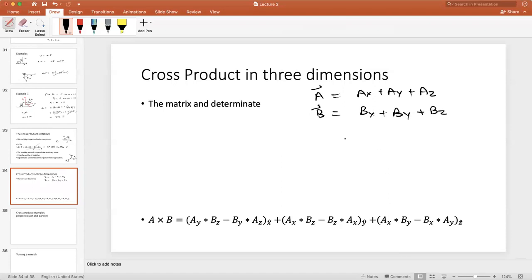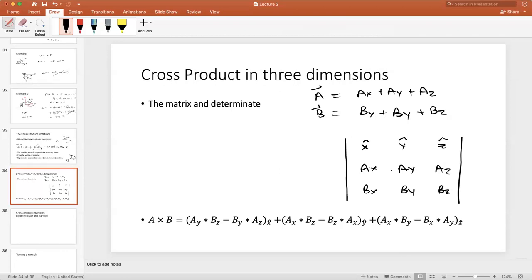For those of you who know what I'm talking about, this is useful. If you don't know yet, that's okay. I'm going to write this as X, Y, and Z, and AX and BX and AY and BY and AZ and BZ.